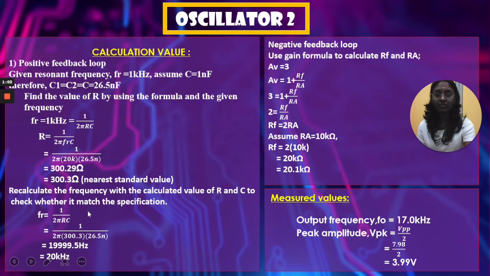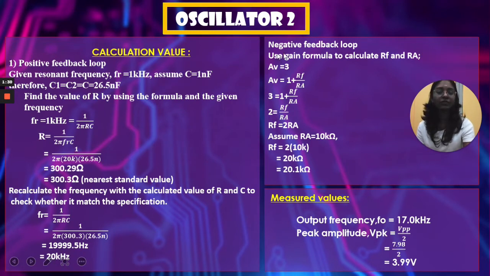To ensure the answer is correct, recalculate the frequency with the calculated value of R and C to check whether it matches the specification. Fr equals 1 over 2 pi RC equals 1 over 2 pi times 300.3 times 26.5 nano equals 19999.5 Hz. The nearest value is 20 kHz.